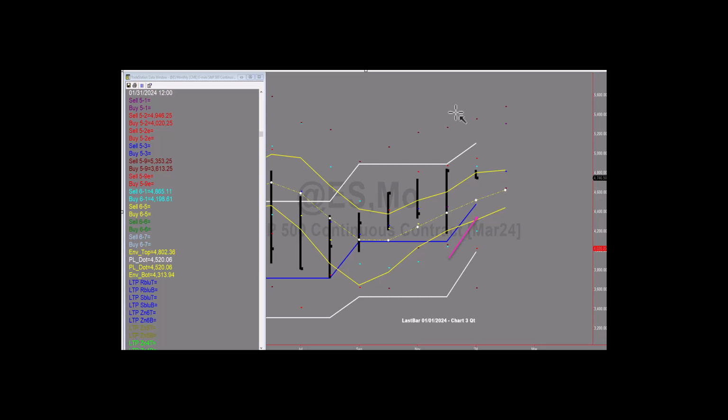It may not happen right away. It appears that we're in some sort of PL dot refresh. You can see the quarterly PL dot and yearly PL dot down here. It's quite a bit lower than where we're at, but it's been a big push up, and a PL dot refresh wouldn't be out of the ordinary.